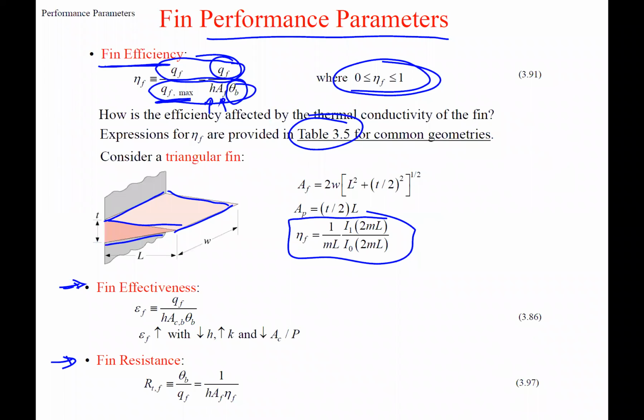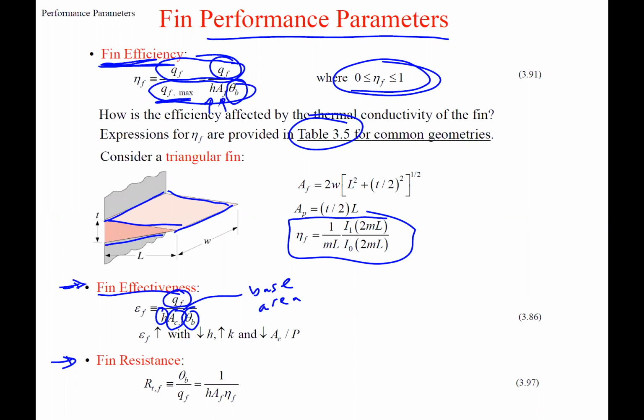So let me go back to this. All right, so we talked about fin efficiency, which was heat off of the fin divided by the heat if the whole fin were always at the base temperature. Fin effectiveness has a numerator that is still heat off of the fin, and it looks similar to fin efficiency, because we have the base temperature and the convection coefficient, but the area is something different. This area is now just the base area.